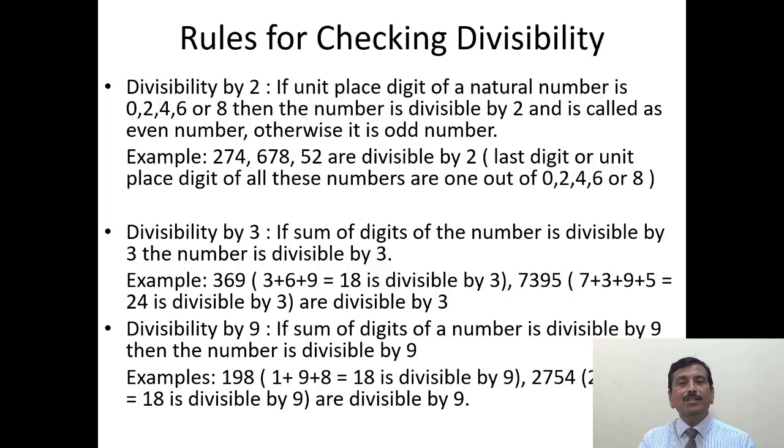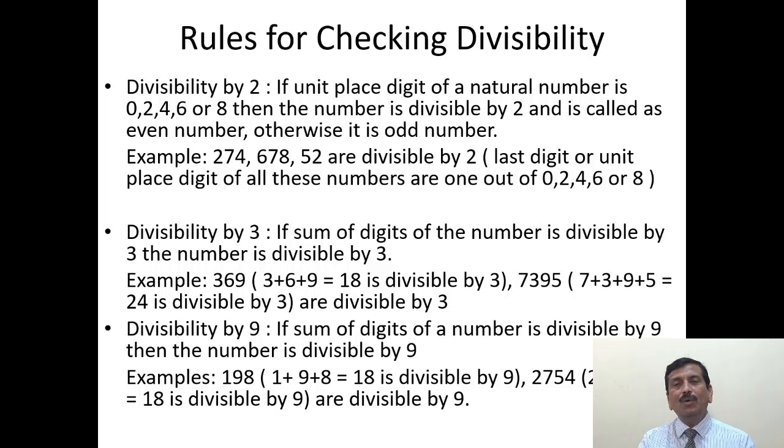Otherwise, it is an odd number. Examples: 274, 678, 52, all are divisible by 2. Look at the last digit or unit place digit of all these numbers. They are one among 0, 2, 4, 6 and 8. Hence they are divisible by 2.